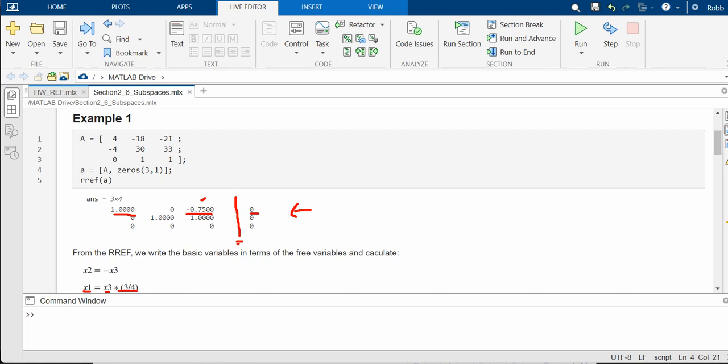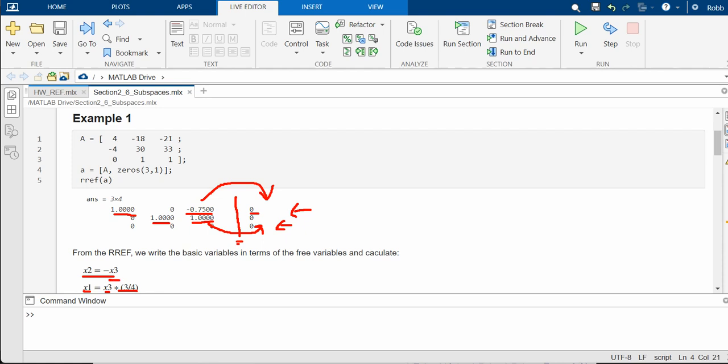Why? Well, we have to subtract the 3/4 x sub 3 over, and that's why the minus sign becomes positive. That's also why in row 2 we have a negative, because it's positive x sub 3. So x sub 2 equals negative x sub 3, because when we move the x sub 3 over, we get the negative.